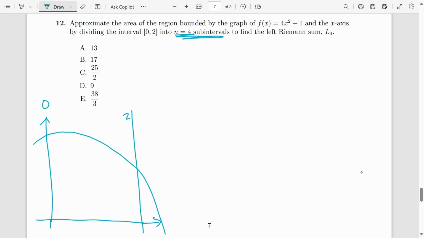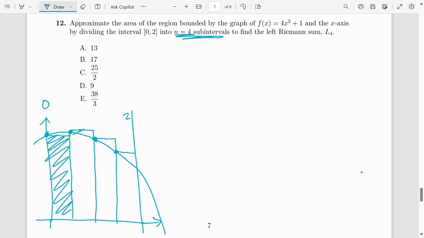Let's do 4 subintervals. What we can do is just choose 4 points on the graph and then construct rectangles using them. So let's construct a rectangle there. Let's construct a rectangle here, a rectangle here, and a rectangle here. So it looks like we've got the area here, we've got the area here, and then the areas of these two.